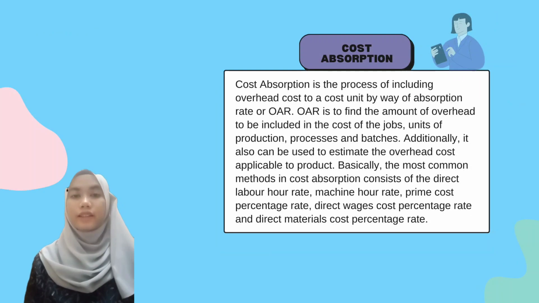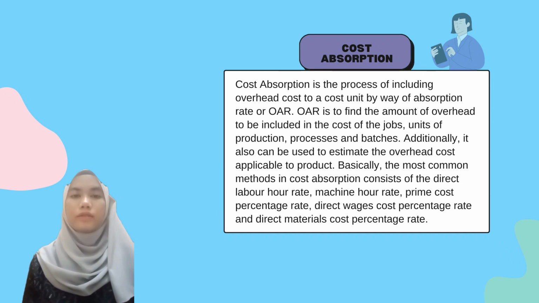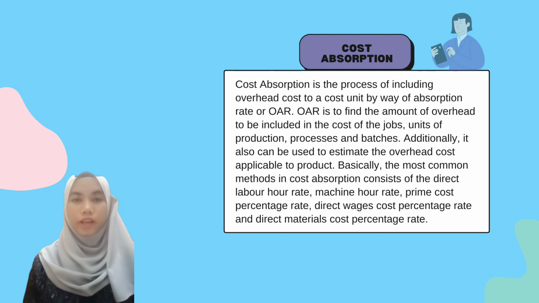apportionment. Okay, the last one is cost absorption, which is the process of including overhead costs in a cost unit by way of an overhead absorption rate, or OAR. OAR is to find the amount of overhead to be included in the cost of jobs, units of production, processes, and batches.